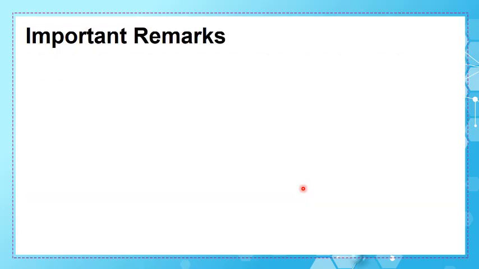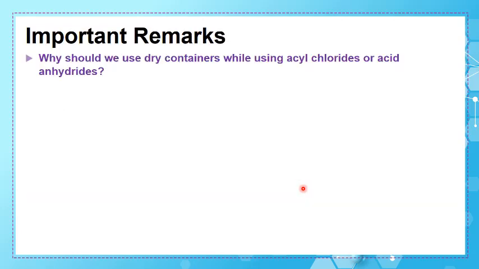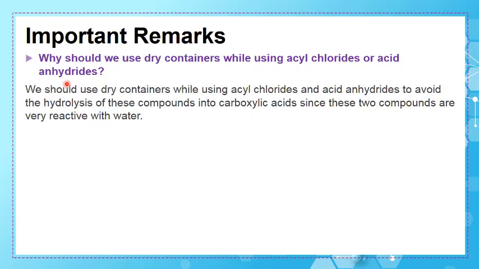Here are some important remarks you might face in exercises. For example, if you are asked, why should we use dry containers while using acyl chlorides or acid anhydrides? You know it now because we repeated. Simply to avoid the hydrolysis of these compounds into carboxylic acids, since these 2 compounds are very reactive with water.